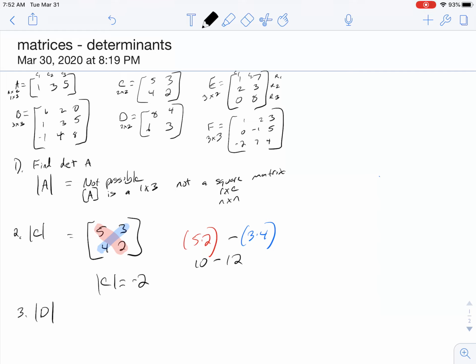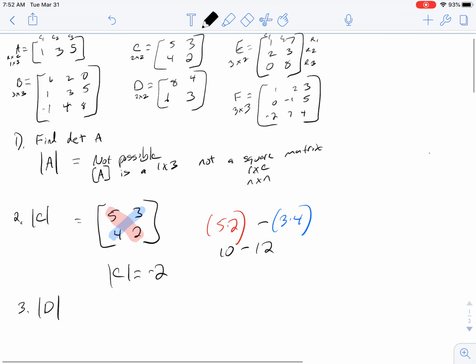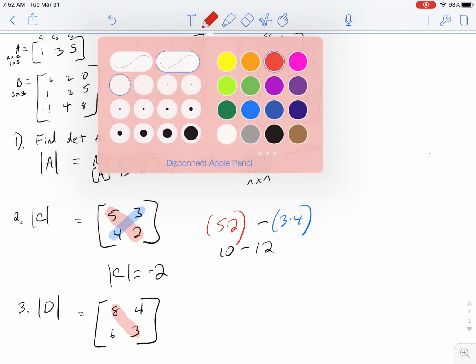If I told you to find the determinant of D, you have 8, 4 in the first row, 6 and 3 in the second row. Again, I'll color code it to help us. You take the 8 and the 3, that diagonal.